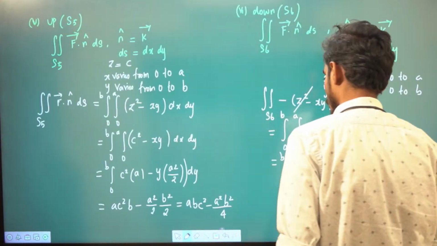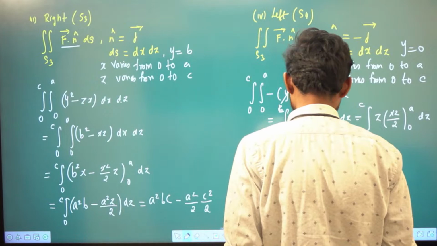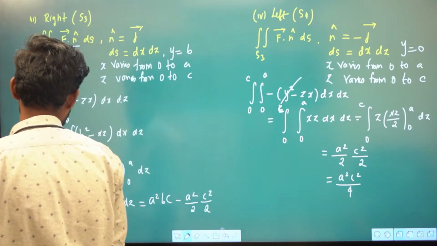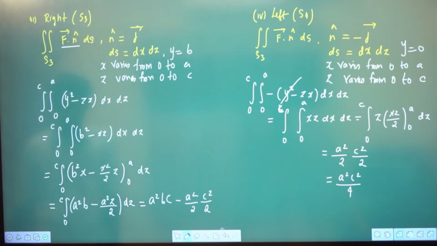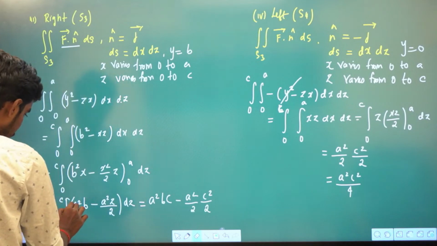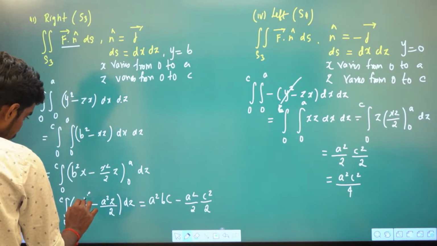Now s3 plus s4. Now s3 is a square bc. Sorry, I think I made a mistake here. If you apply the upper limit, it will be ab square, not a square b. So it is ab square.